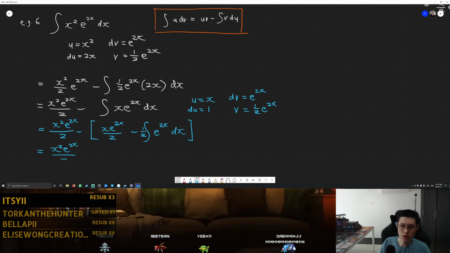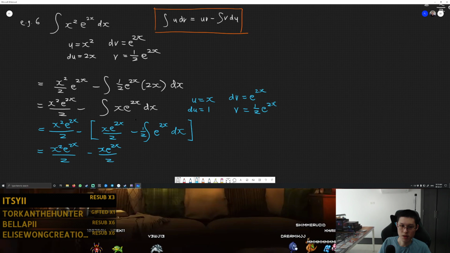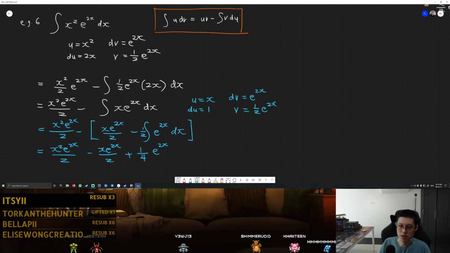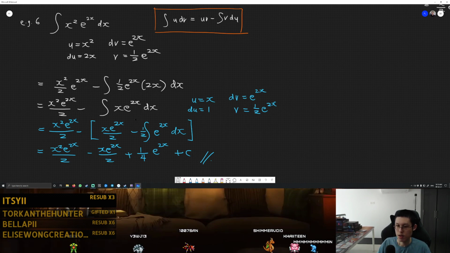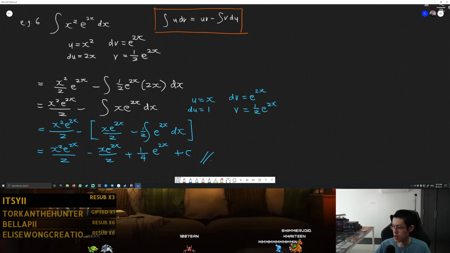Okay, and then now we try to simplify this, and this is plus a half, so 1 over 4 e^(2x) plus c, and done. There you go. So for this kind of question, you have to do double integration by parts.